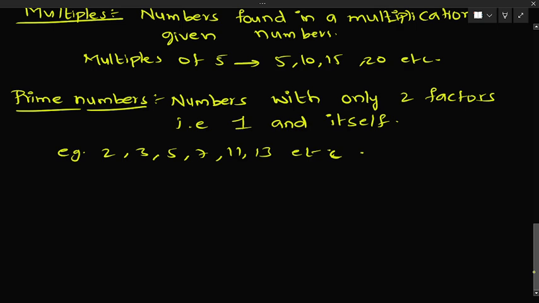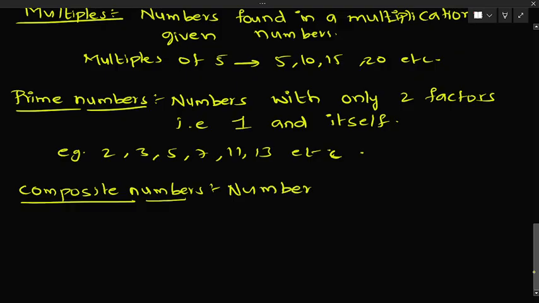Clear? And the next one is composite numbers. After prime numbers, we are going to learn composite numbers. What do you mean by composite numbers? Composite numbers are the numbers with more than 2 factors.